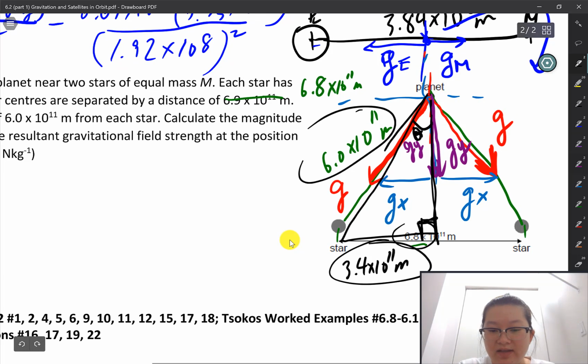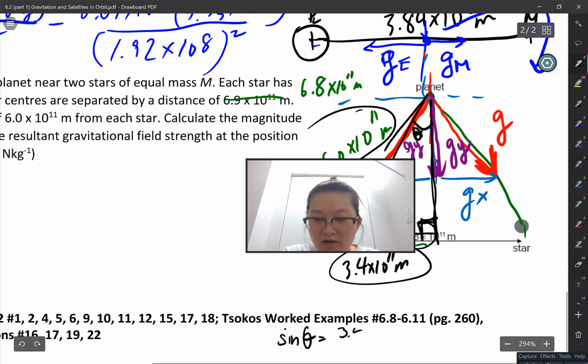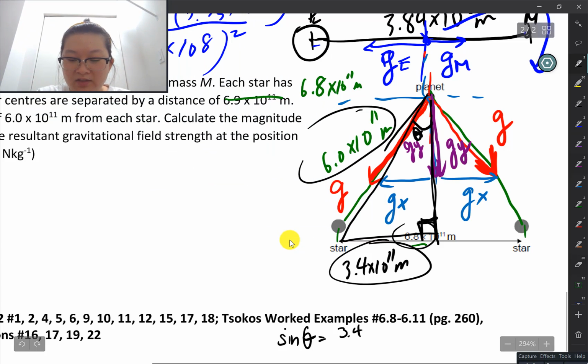So let's do that. This angle is going to be found from sine theta, the ratio of the two. Sine theta, I'm doing it down here by the way, is going to be 3.4, and since it's the same order of magnitude, I'm just going to do 3.4 divided by 6.